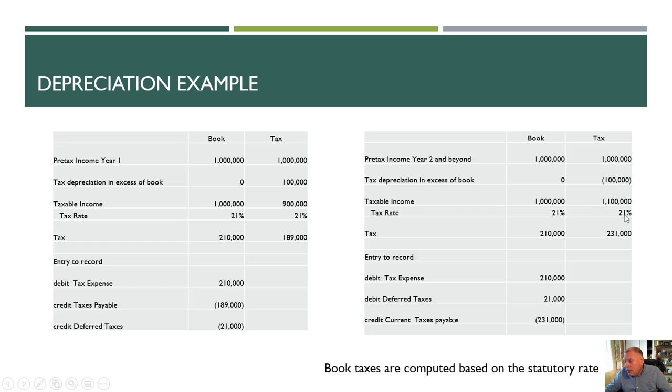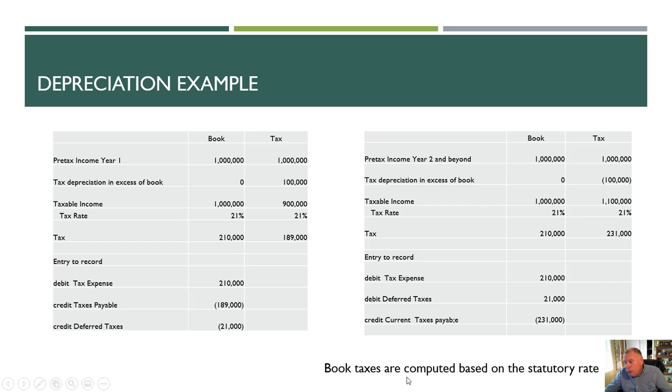So what we're going to have, and this year it's going to be $1 million times 21% is 210. 21% times $1,000,001 is 231. So we're still going to book the tax expense at 210, but we're going to debit deferred taxes and credit current taxes payable.